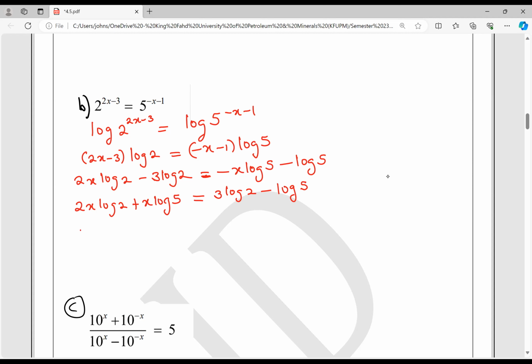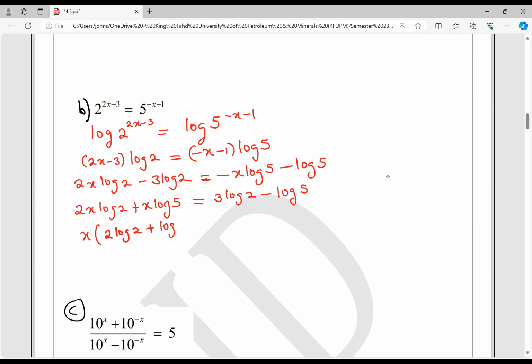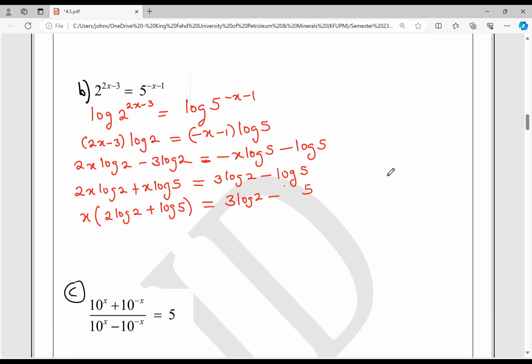Now, what is common here? x is common, so we have x times 2 log 2 plus log of 5. Okay, let me just maintain it, since I'm going to do the same thing on the left-hand side.